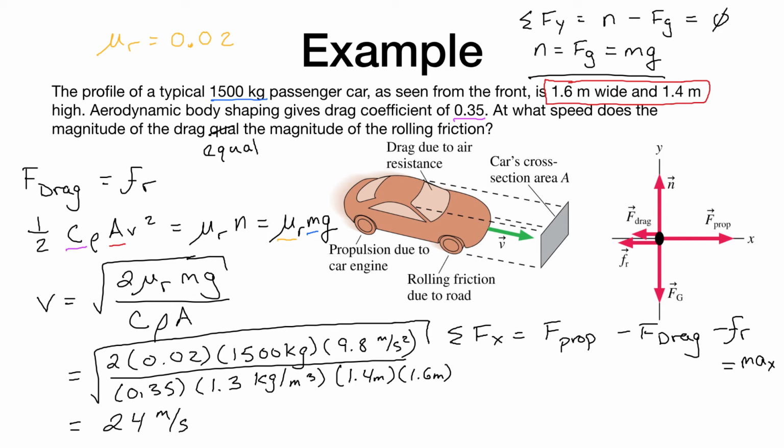So 24 meters per second is roughly 50 miles per hour. That's a reasonable freeway speed.